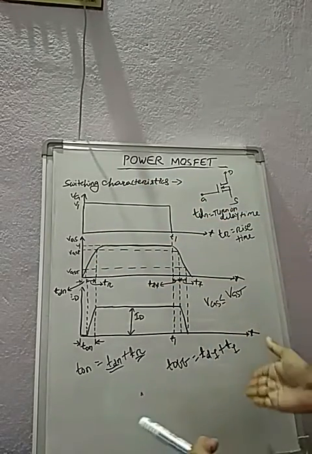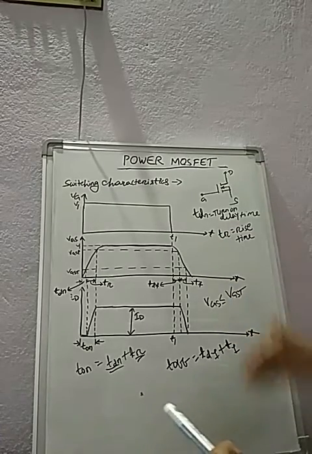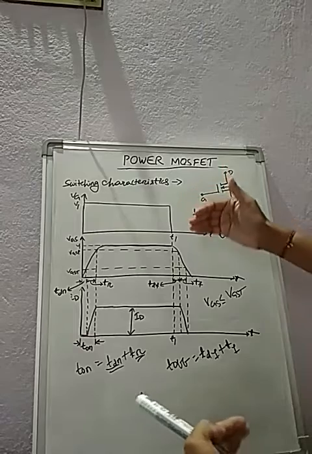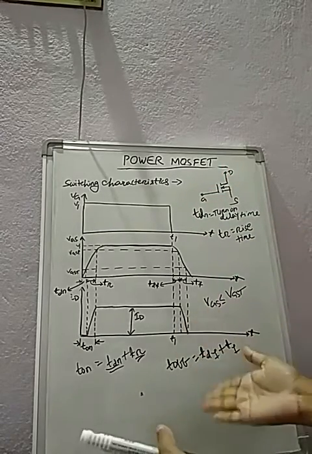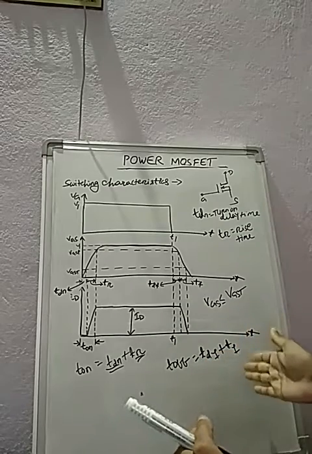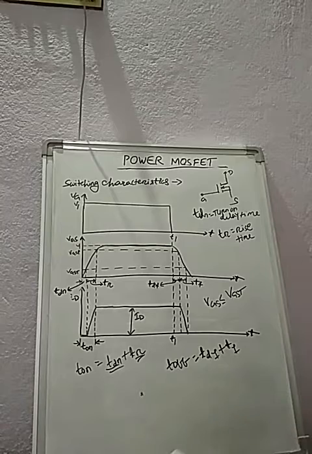But during T off time, the device capacitance discharges, and it will take some time to discharge, and after that the device is completely turned off when VGS is less than or equal to VGST.